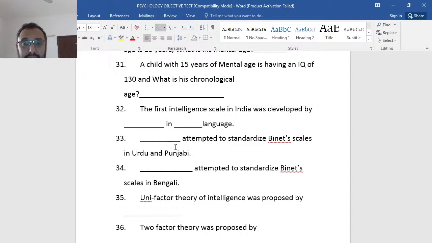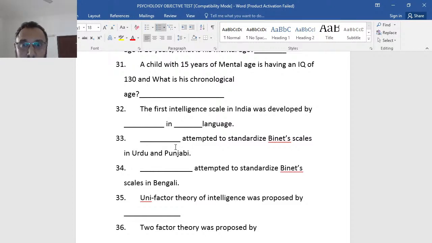C.H. Rice standardized it. And who attempted to standardize Binet's scales in Bengali language? If you take this question, the answer is P.C. Mahalanobis.